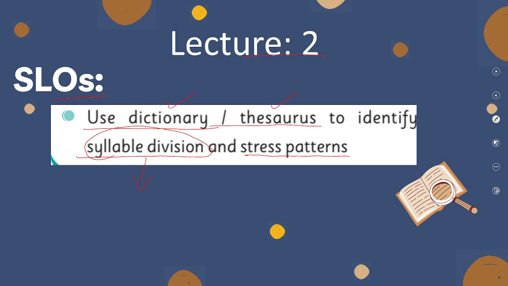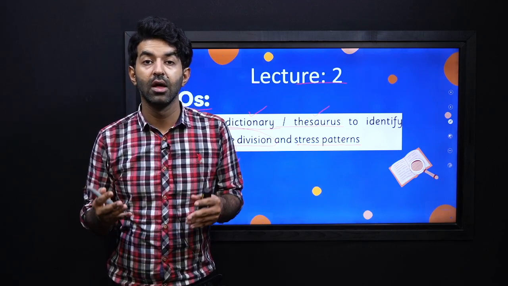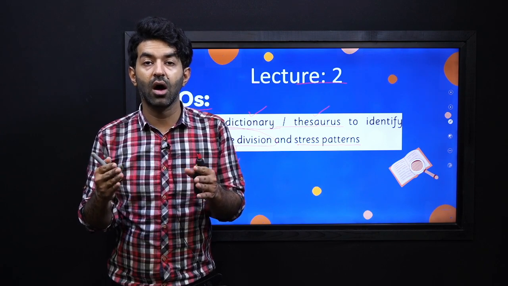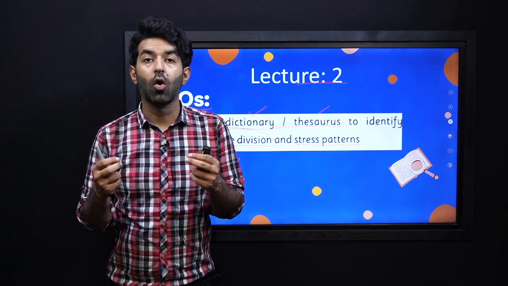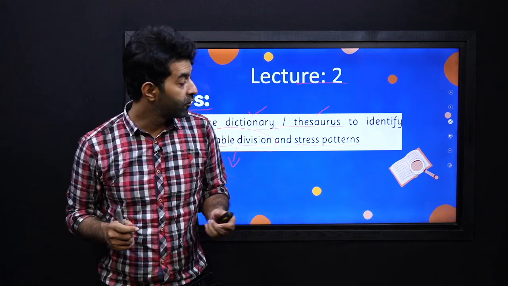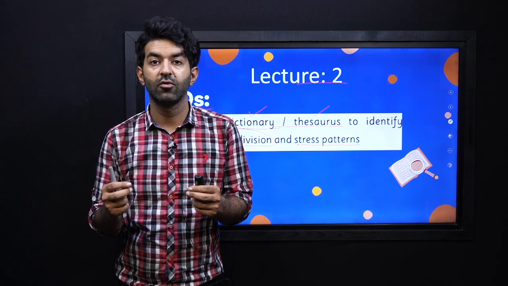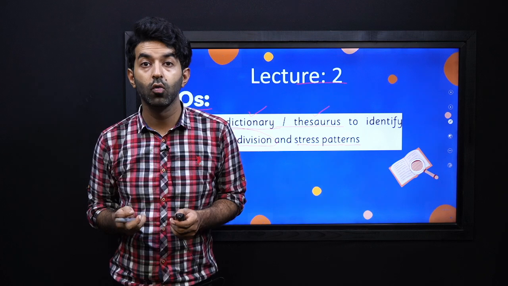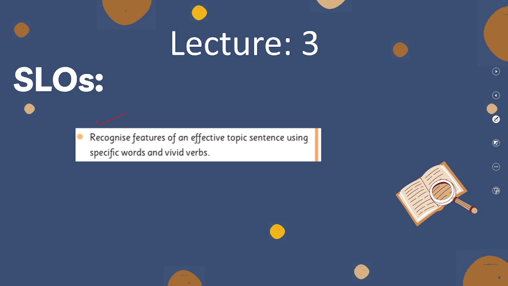And when we are pronouncing them, we need to take care of the stress pattern, the right place to stress our words or parts of words or syllables. So that's what we are going to learn: syllable division and also the stress pattern that we put on different parts of our words. Next, we have recognizing features of an effective topic sentence using specific words and vivid verbs.